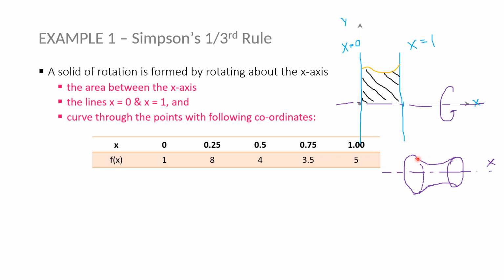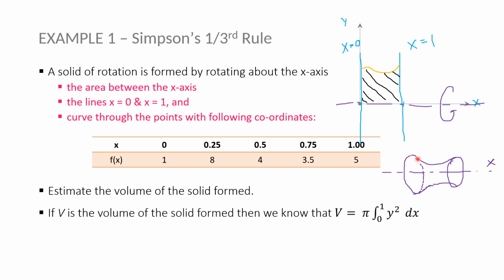And for that the formula of integration is given. So estimate the volume of the solid formed, and the volume of this solid is analytically given by this integration formula. Okay, now we will use Simpson's one-third rule to find the volume of this solid of rotation.